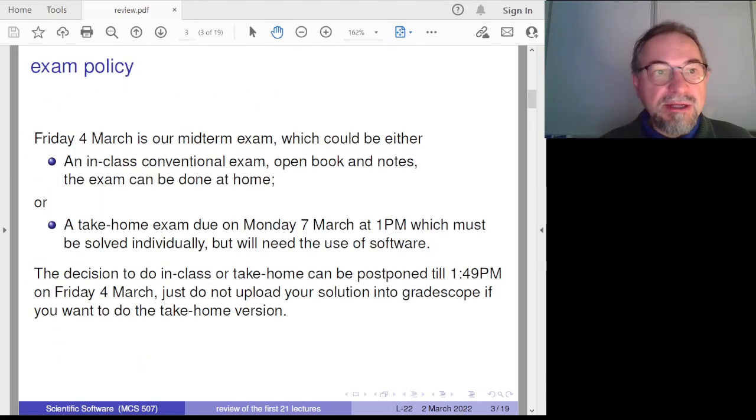So the exam is going to happen this coming Friday. And it can happen as an in-class conventional exam. That actually does not mean that you have to be in class. I will email you the exam questions and you will upload your answers, so everything can be happening from wherever you feel that it should best be happening.